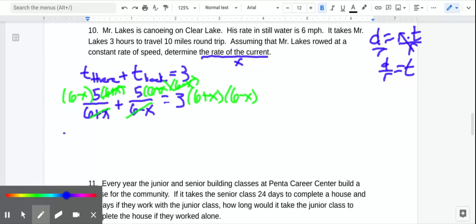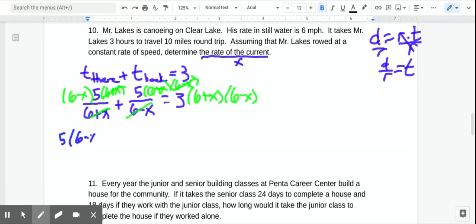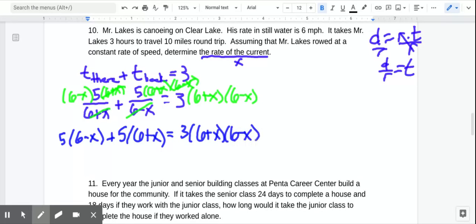So that's going to give us 5 times 6 minus x plus 5 times 6 plus x equals 3 times 6 plus x times 6 minus x. All right, on the left-hand side of the equation, I'm just going to distribute. And on the right-hand side, first I'm going to FOIL this, and then I'll distribute the 3.